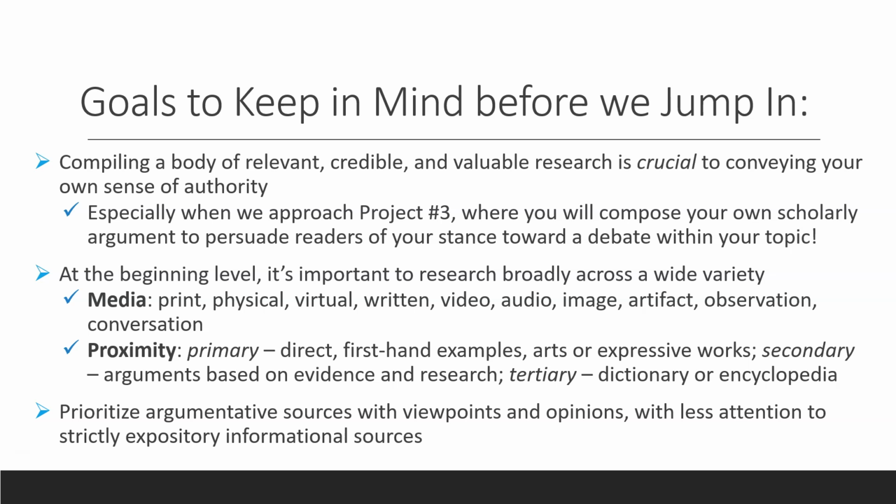Compiling a body of relevant, credible, and valuable research is crucial to conveying your own sense of authority when it comes time for you to argue about this topic. All the work that you're doing here in Unit 2 is going to set you up to compose and persuade a valid argument of your own.